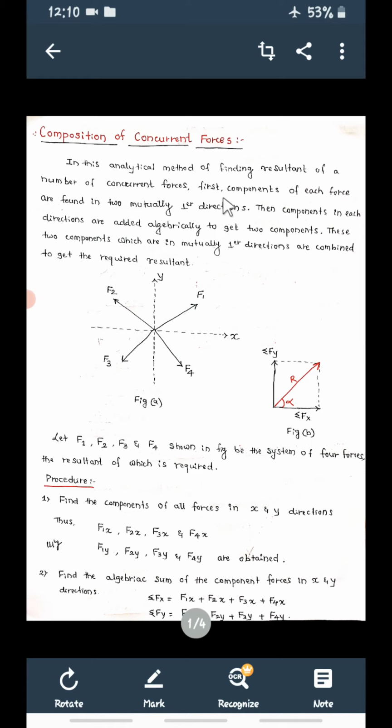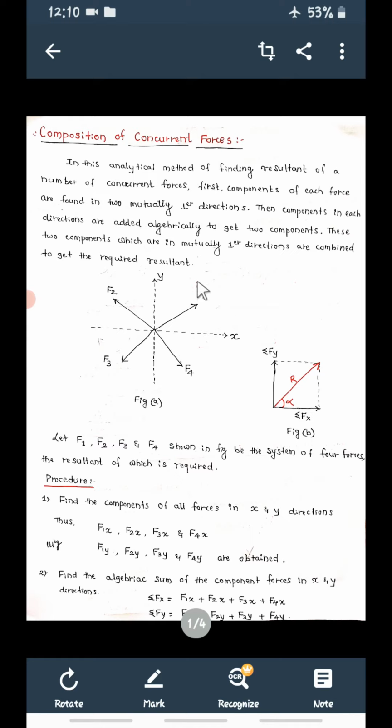So what we're going to do? First, components of each force are to be found in two mutually perpendicular directions. Component of F1 along x, component of F2 along x, component of F3 along x direction and component of F4 along x direction.